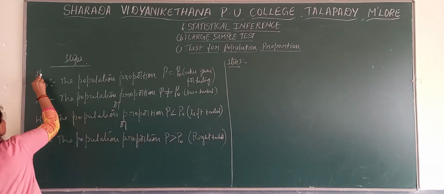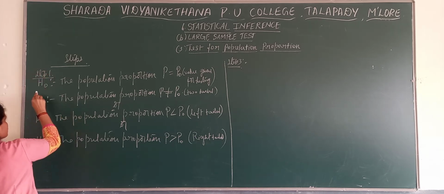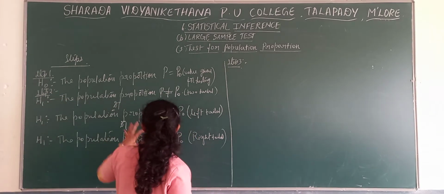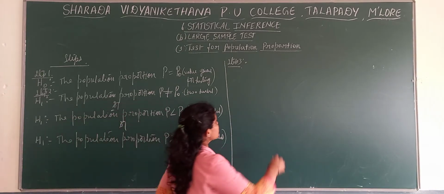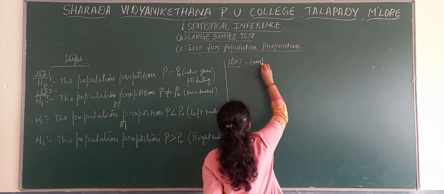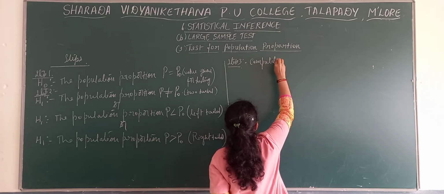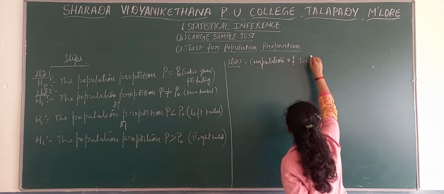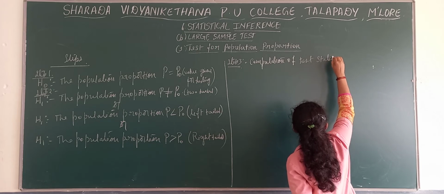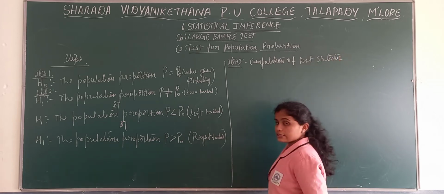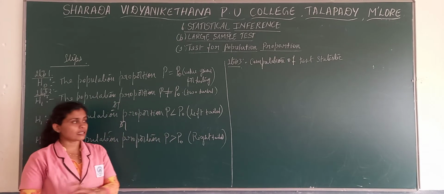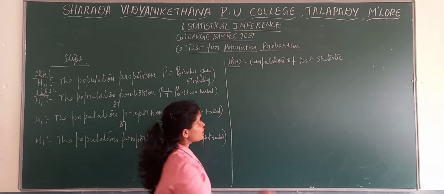Step 1 is writing the null hypothesis, step 2 is writing the alternative hypothesis, and the third one is computation of test statistic. Statistic is nothing but a function which we perform in order to get the answer. So which function do we apply here?